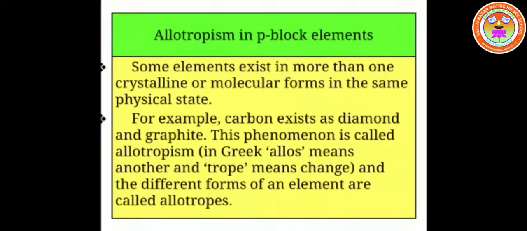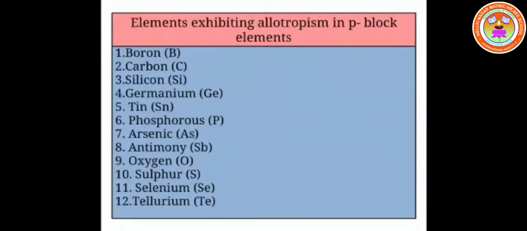And the allotropes of oxygen: dioxygen, O2, and ozone, O3. So these three elements, carbon, phosphorus, oxygen, you are familiar with their allotropes.